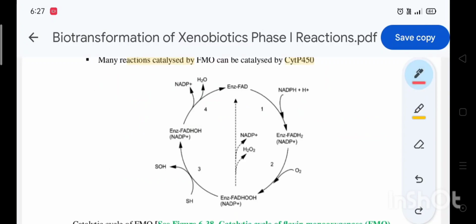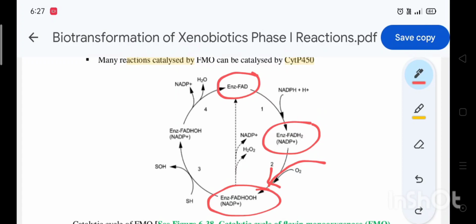In this diagram we can see that the enzyme FADH first binds with NADPH plus, and then oxygen comes and binds to the enzyme FADHOOH NADP plus. Then SH is removed in the form of SOH, and finally NADP plus and H2O are released and it is restored back to enzyme FADH.